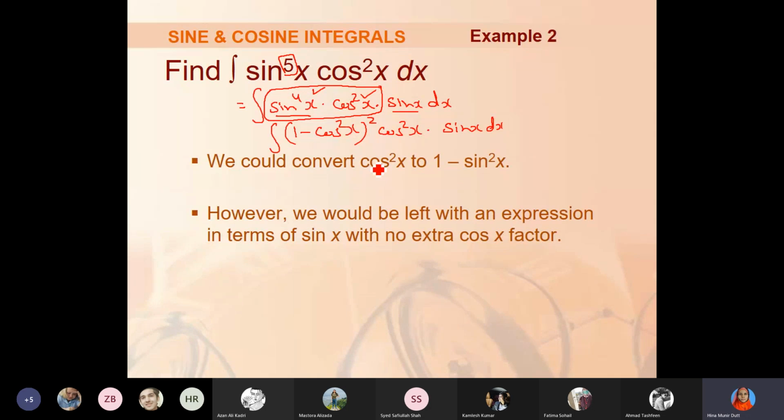Right? After substituting cos x equal to u, the derivative is minus sin x. This becomes minus (1 minus u square) whole square, u square du. First open this whole square, multiply it with u square, and then integrate, and then back substitution.